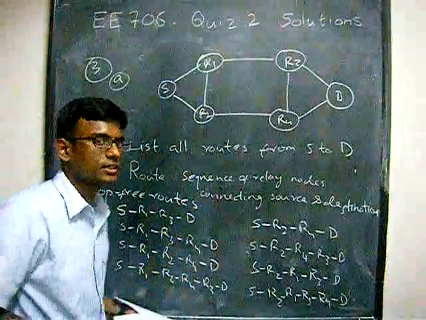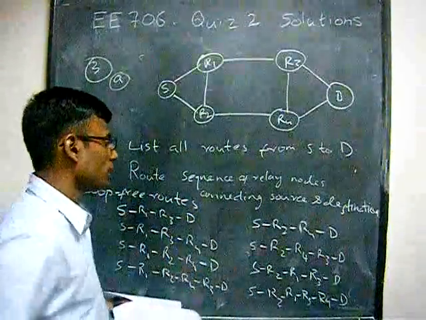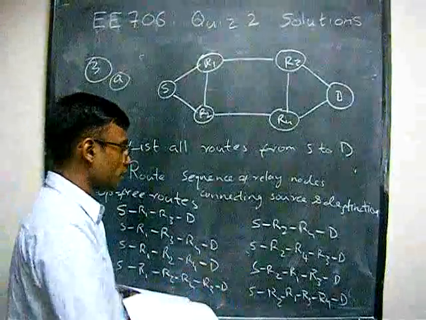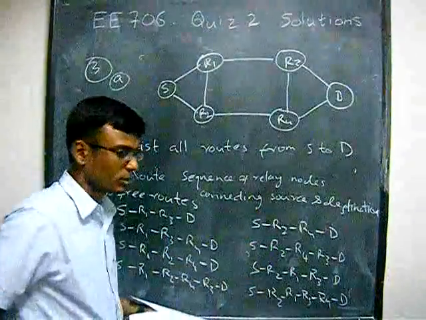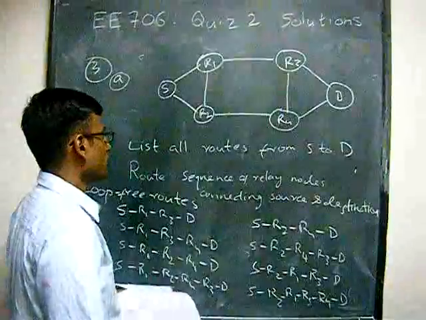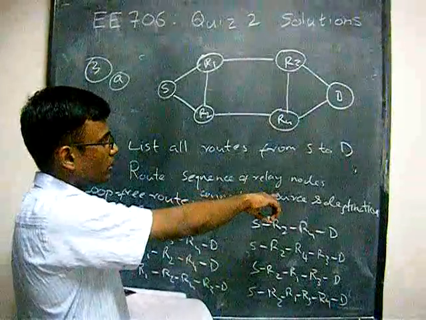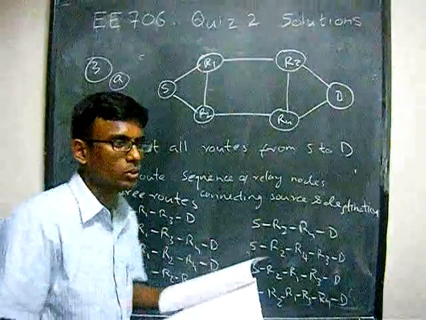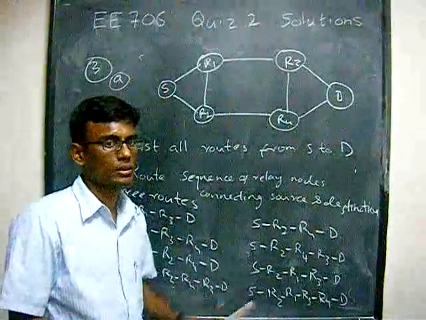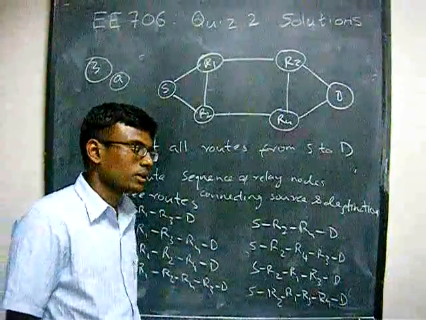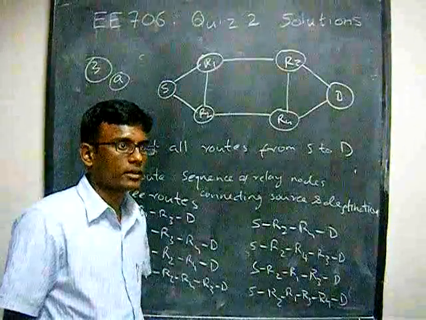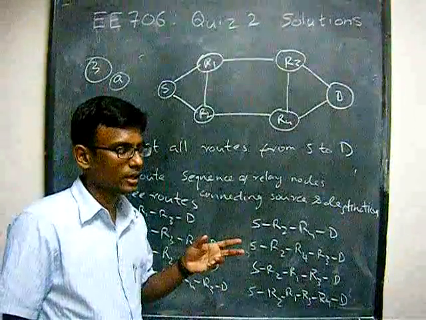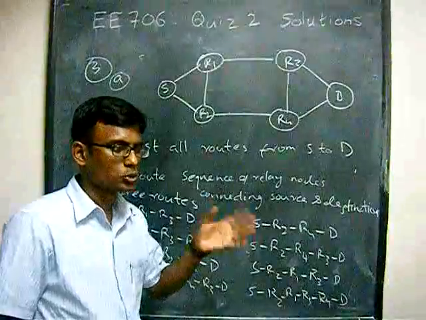Which are also called paths. So this is fine. I give credit to anybody who came up with these 8 routes, but remember that my definition was not restricting the routes to be loop-free. Of course, you can argue that it doesn't make sense for a route to have loops, but such routes can happen in practice, where in real life the network is so complex that loops may occur.